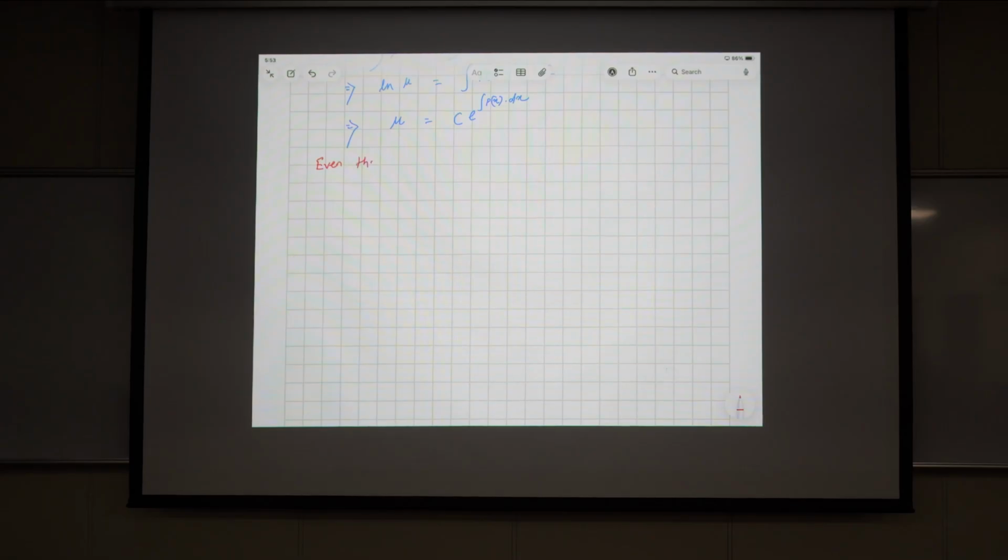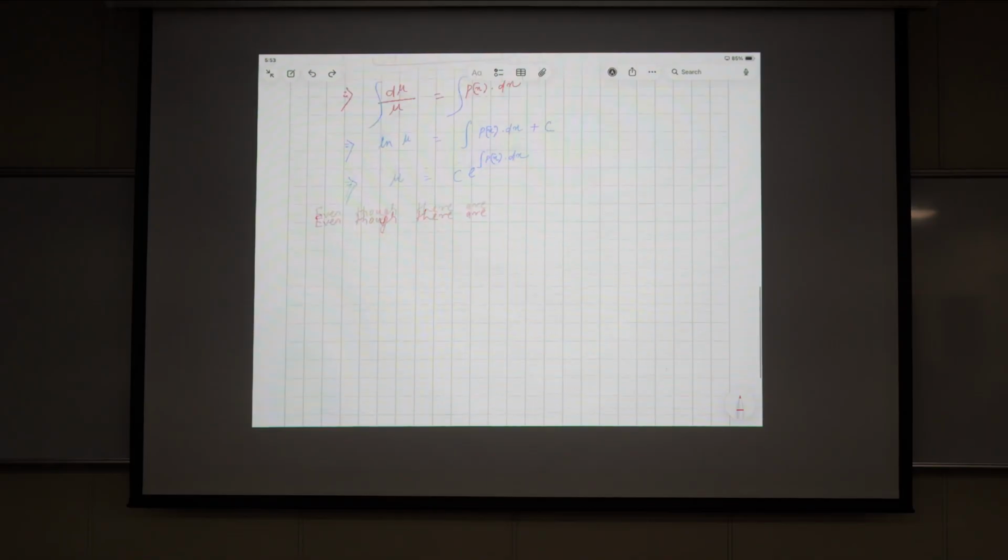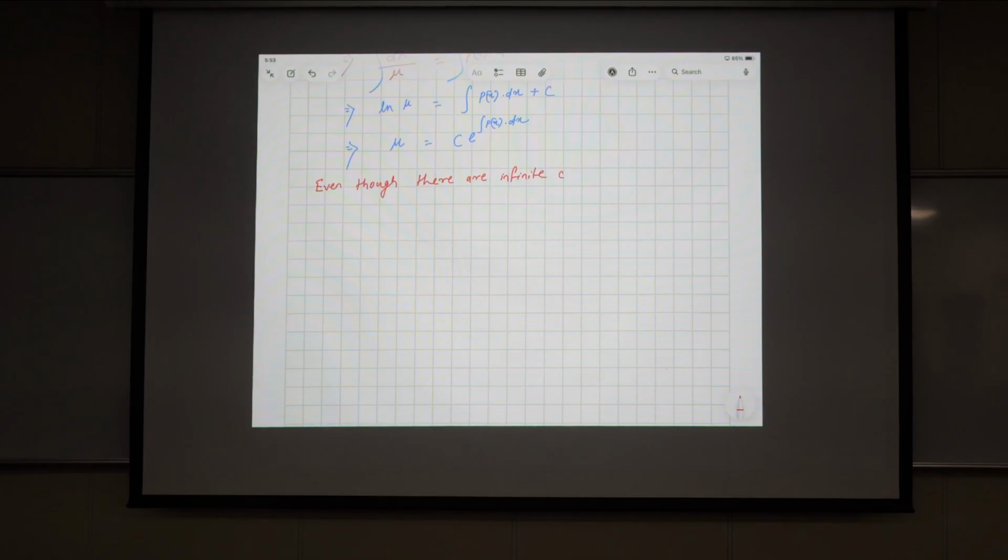Even though there are infinite choices of mu, all produce the same desired result.